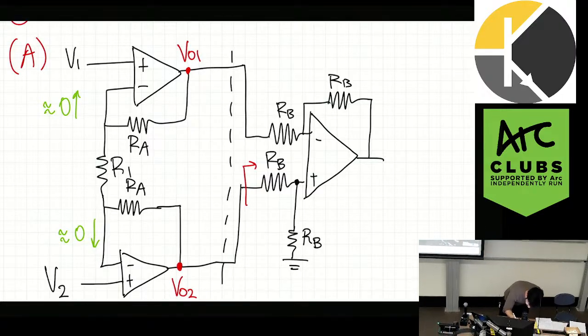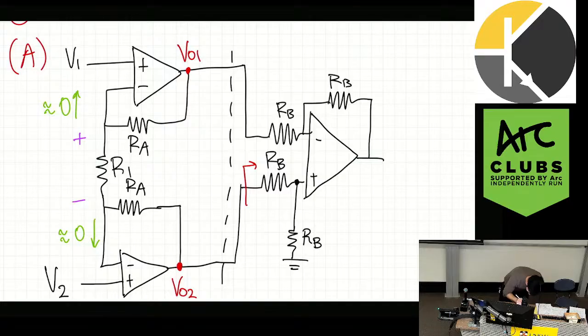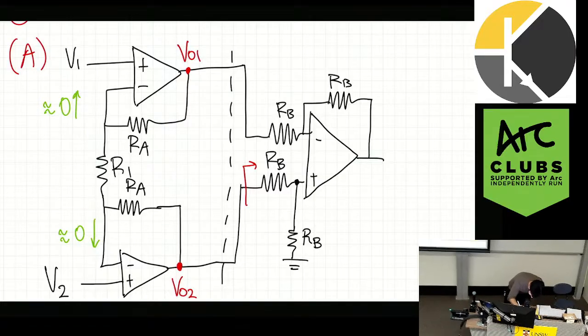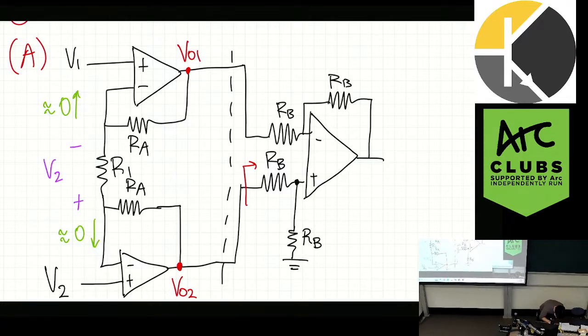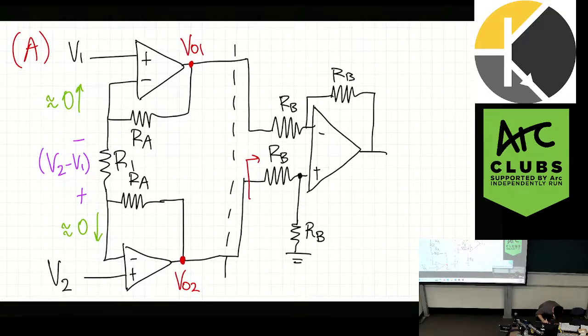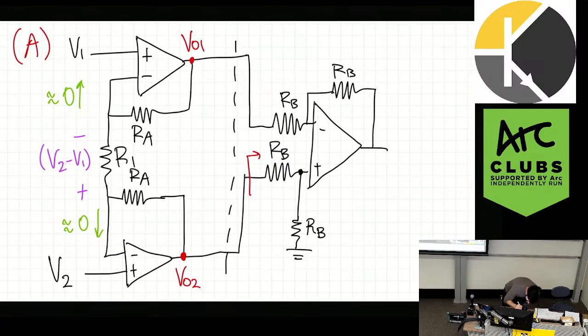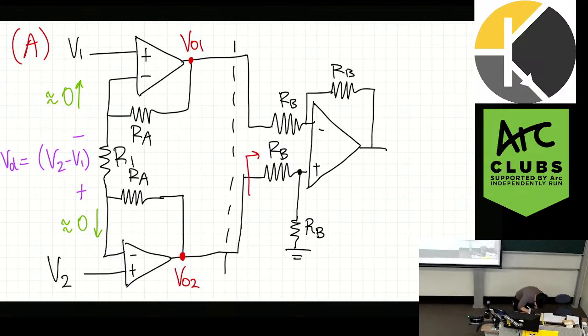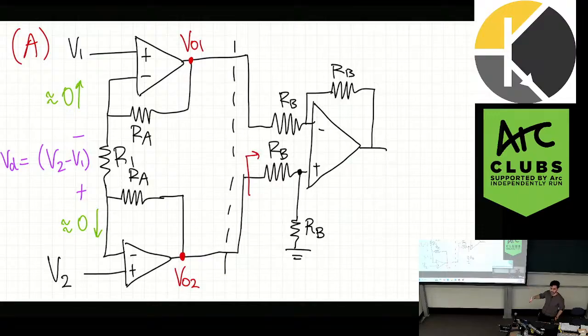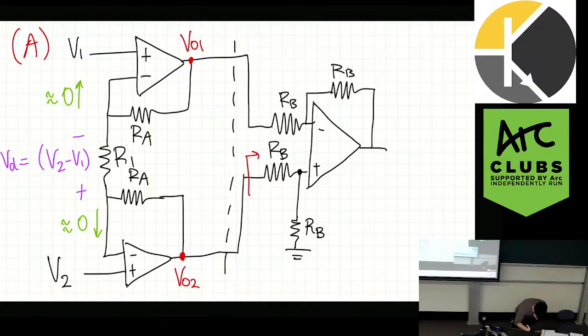So that would mean the voltage difference across this resistor is, sorry, other way around, V2 minus V1. And since I know it's V2 minus V1, which I'm just going to call VD, what would the current through that resistor be? So what would this current be?